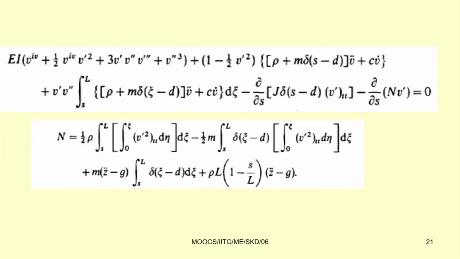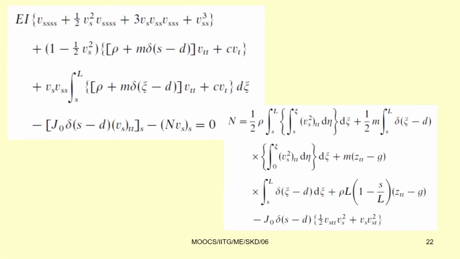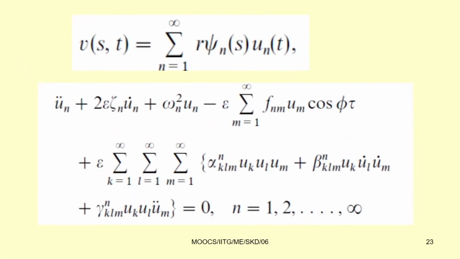After deriving the spatio-temporal equation of motion, we used the generalized Galerkin principle. One can use either the multi-mode generalized Galerkin principle or the single-mode Galerkin principle, where n equals only 1. In that case, v reduces to psi(s) times u(t).